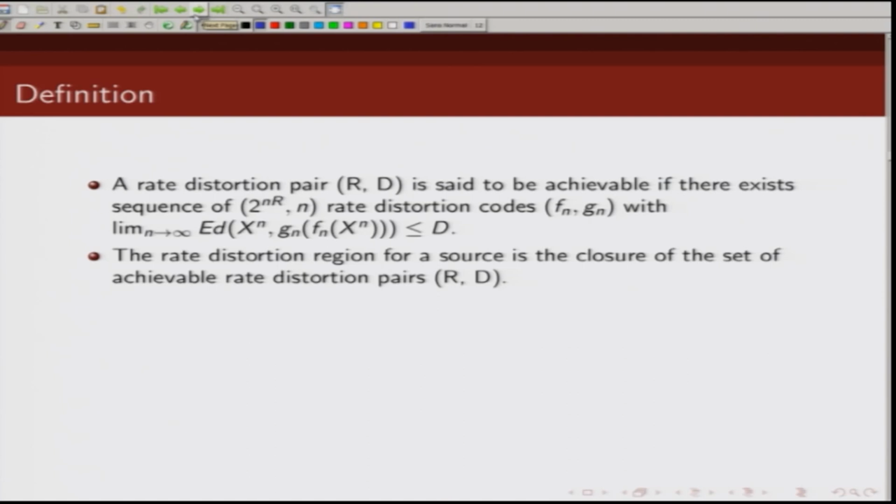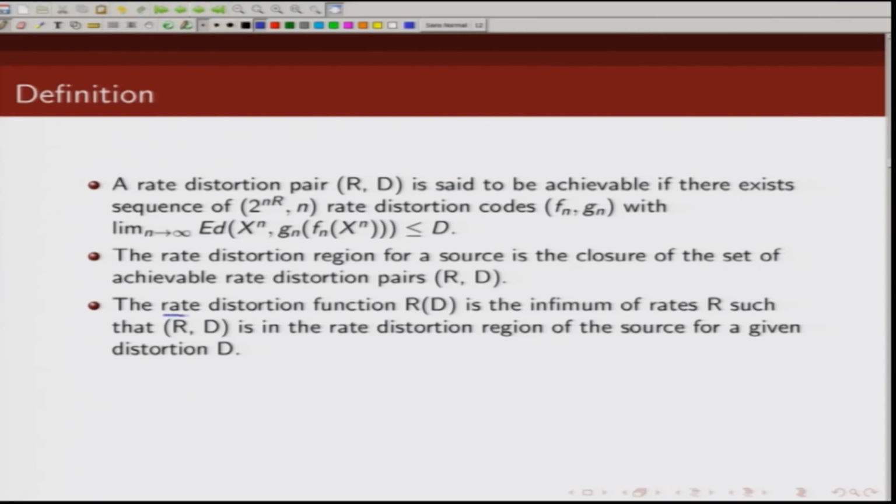Now, we could similarly define a rate distortion region. A rate distortion region for a source is the closure of the set of all achievable rate distortion pairs. That is our rate distortion region.